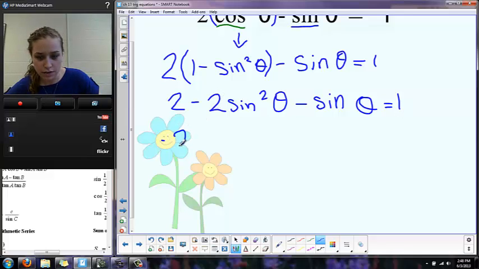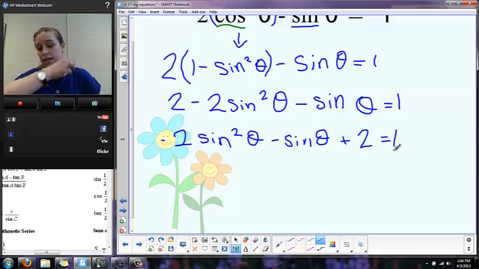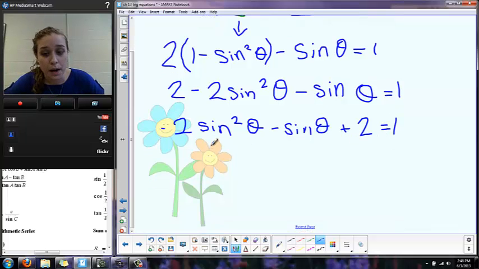So this is negative 2 sine squared theta minus sine theta, and then plus that positive 2 is equal to 1.